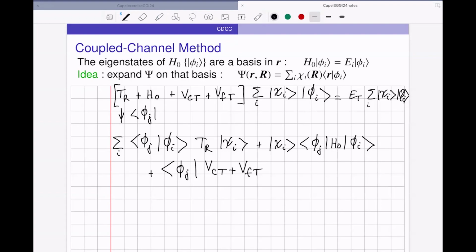I group them together because they are diagonal neither in the R space, so the projectile-target relative coordinate, nor in little r, so the core-fragment relative coordinate.